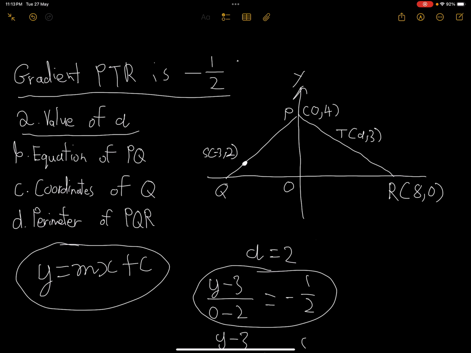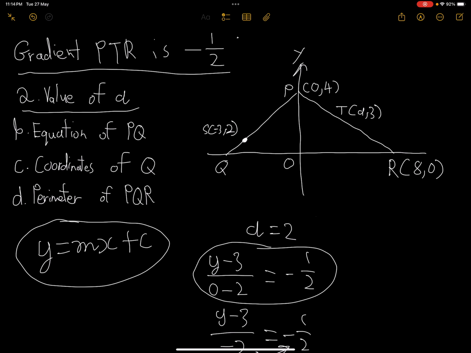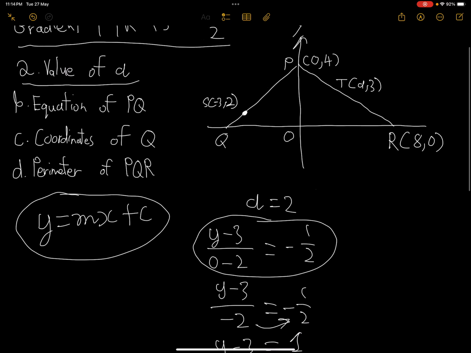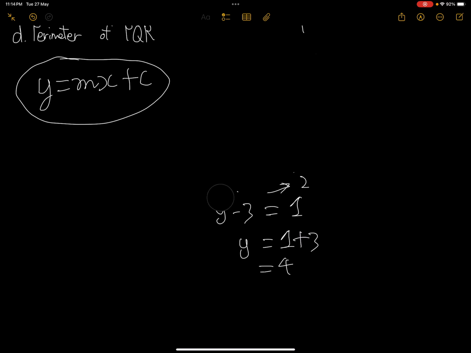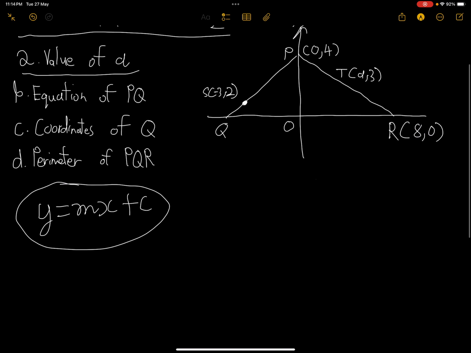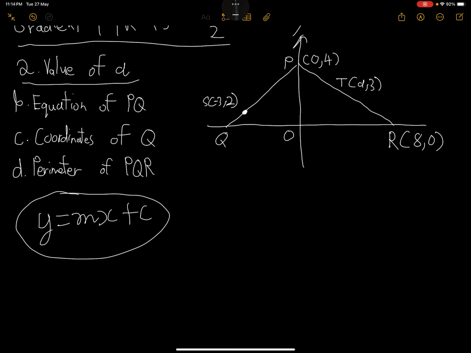Alright, so now that we know the coordinate of P, we can get to solving the gradient of the line PQ in order to fulfill the line equation. Alright, gradient. What was the gradient formula? Well, m equals y2 minus y1 over x2 minus x1.